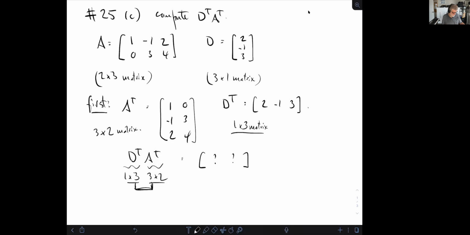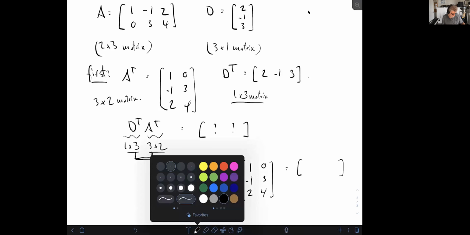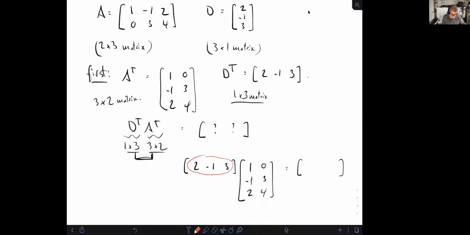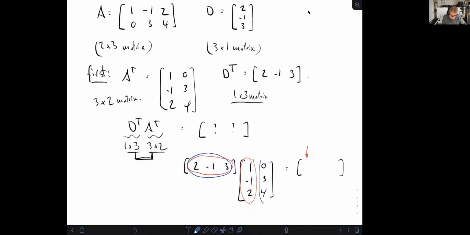So I'm going to write it out this way. This is D transpose 2 minus 1, 3 times A transpose, which is 1 minus 1, 2, 0, 3, 4. And so when I multiply, it's row times column, right? Row 1, column 1 will give me this answer here, and then this row times this column will be my answer here.